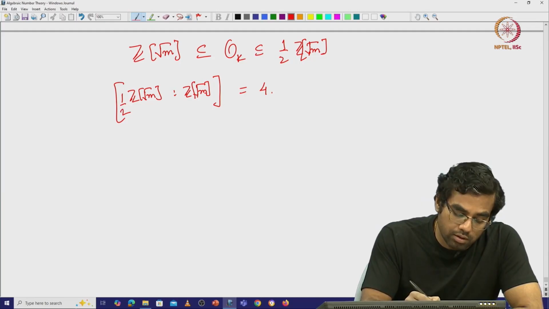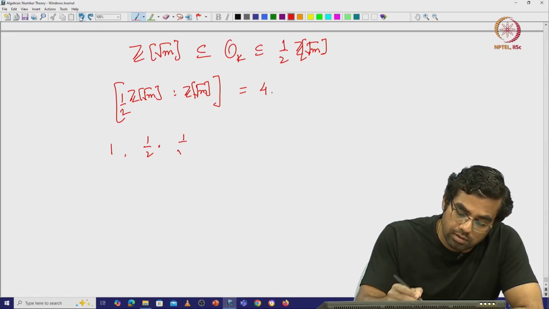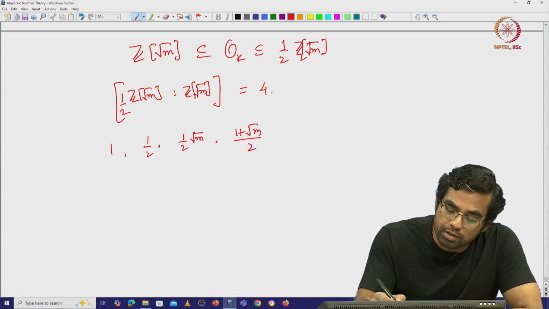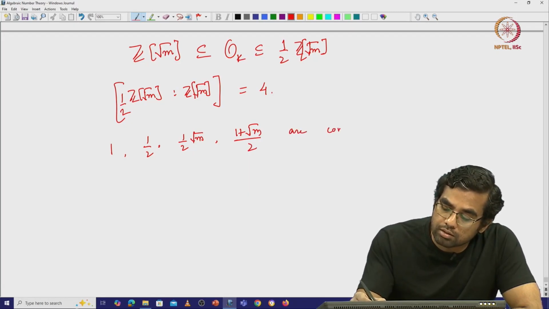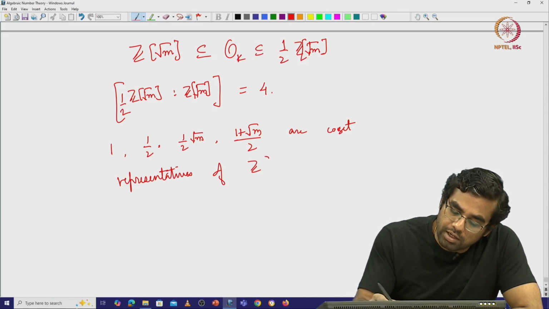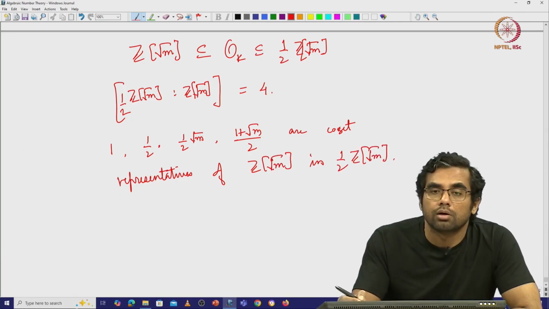And if you look at what they are, then 1, half, half of square root of m and (1 plus square root of m) by 2 are coset representatives of Z[square root of m] in (1/2)Z[square root of m]. Okay.